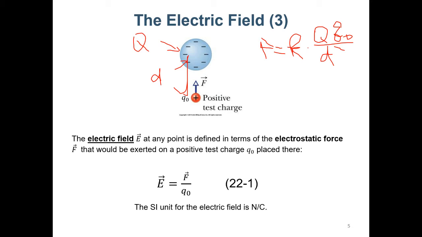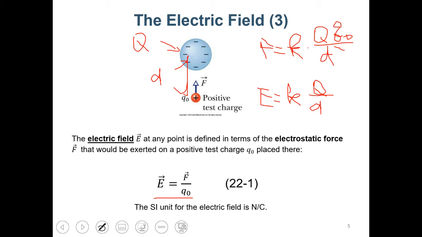So if we just substitute this F into here, then E equals K Q Q0 over Q0 d squared, so that Q0 will cancel. So E is K Q over d squared, which does not depend on Q0 itself. This is good because the field generated by the upper charge shouldn't be related to how large the test charge is. So this is a very good definition.